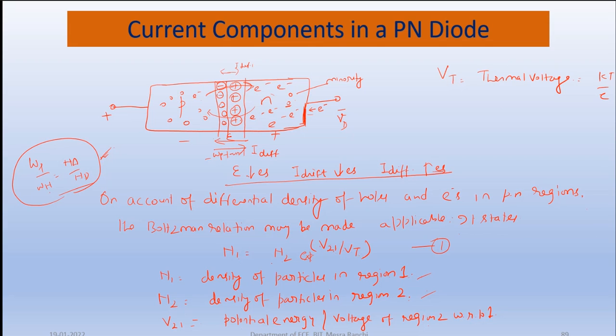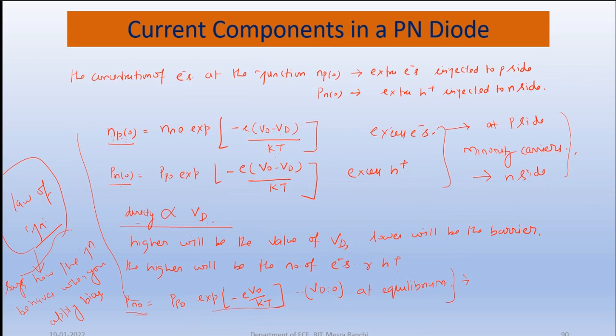Vt is kT by Q, and at room temperature its value is 26 millivolt. So we are using this relationship to find out the concentration of electrons at the junction, the extra electrons injected to the p side, and the extra holes injected to the n side.